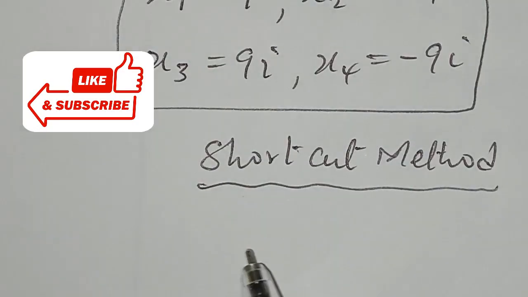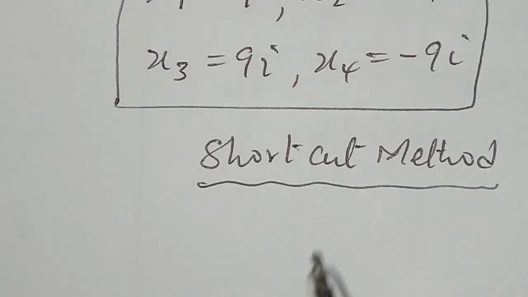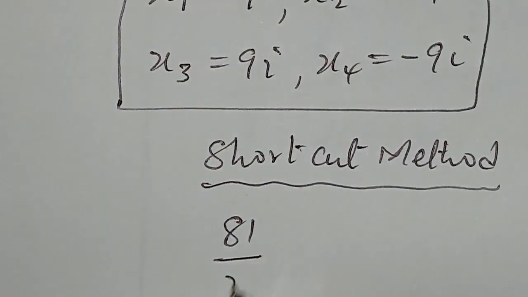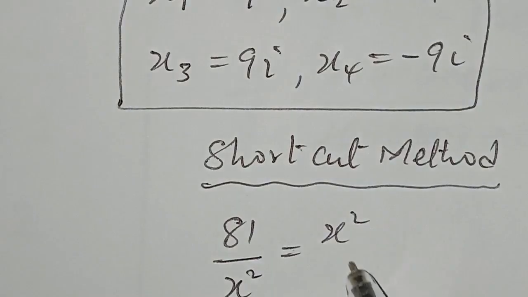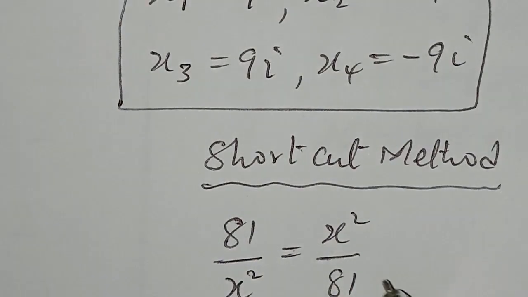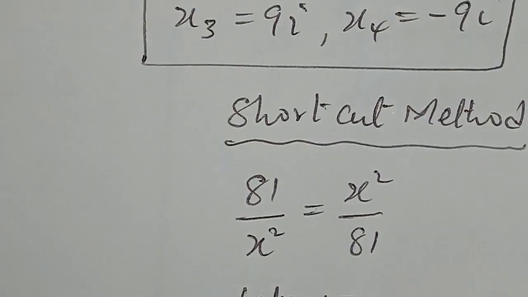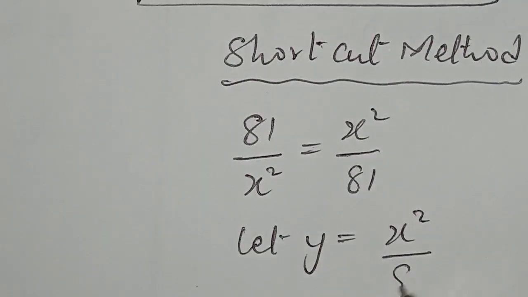The next thing here is to show you the shortcut method to solve this kind of problem. So from our question, we have 81 over x squared equal to x squared over 81. So we let y be equal to x squared over 81.